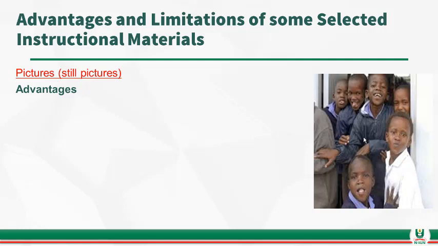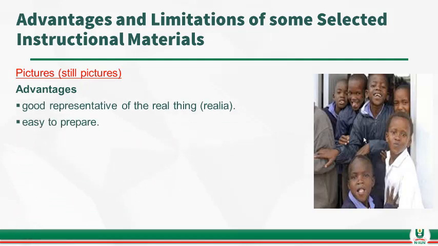Like when we are teaching something that cannot be brought into the class, like a wild animal such as a lion, we can go to the zoo, take the picture, and bring it to the class. Students will definitely tell us that they have seen it somewhere. So the advantage is that they are a good representation of the real object, they are easy to prepare, and they are also easy to store. And that is about the advantages we have.